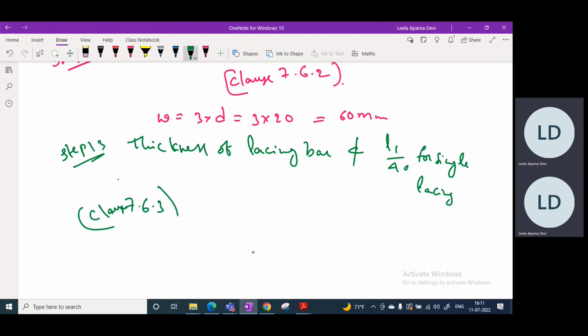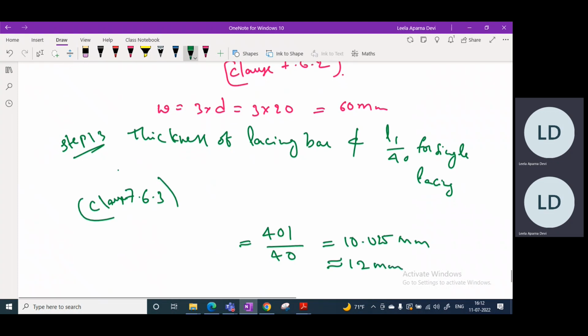So this can be calculated as 401 by 40, which equals 10.0525 mm. So I'm taking this thickness. It should be more than this, right? So I'm taking 12 mm thickness.